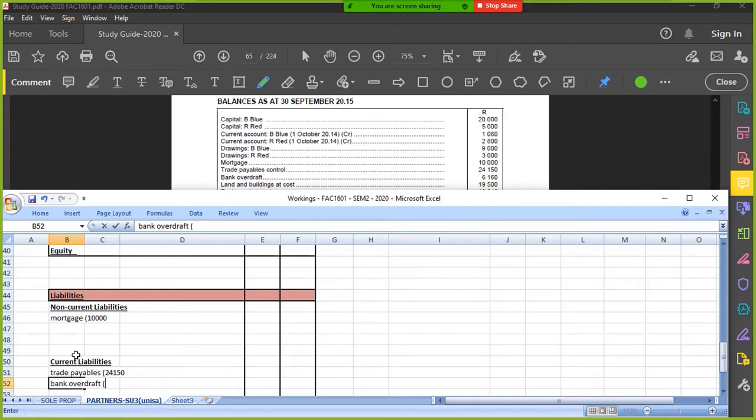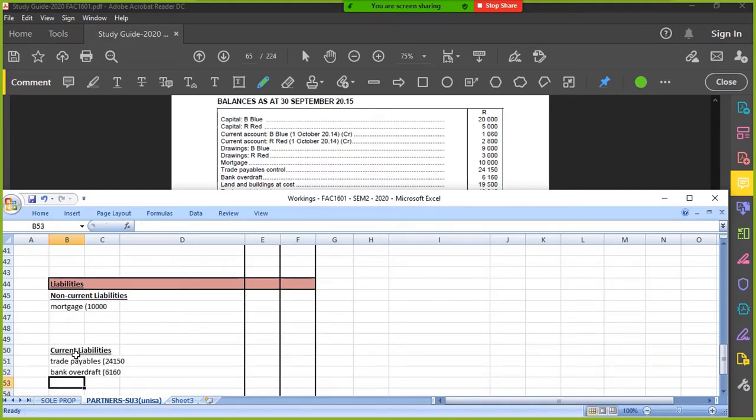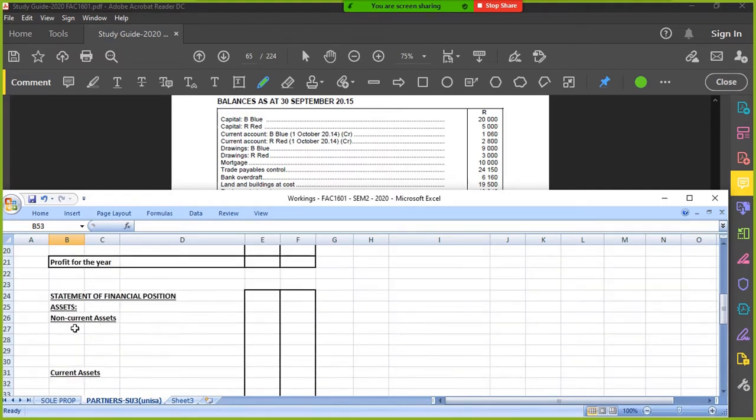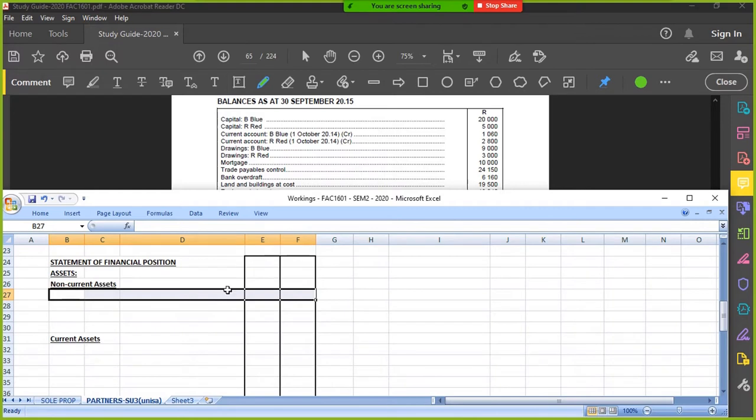Amount 6160. Land and buildings at cost. Asset, good. Okay, this would require PPE notes. Remember, if it's on the face of the statement of financial position, I'm not going to draw a note because then I need to reference the note separately. I'm going to disclose it on the face as a separate line item.